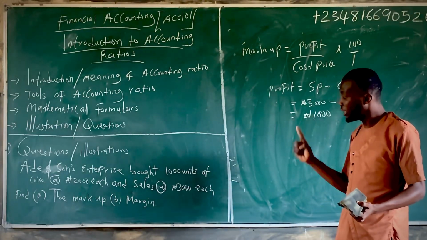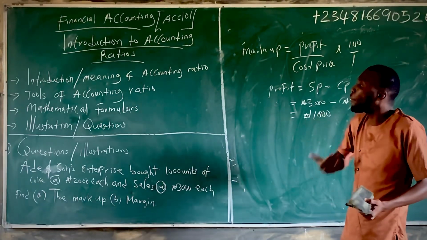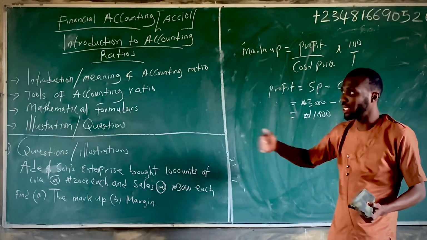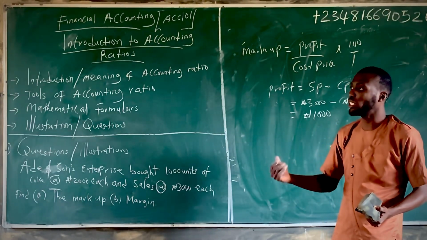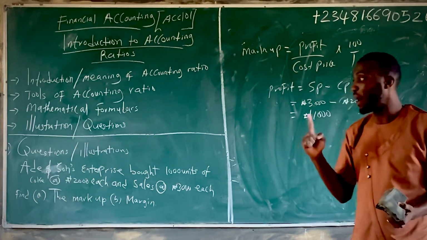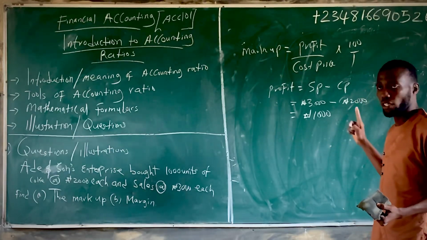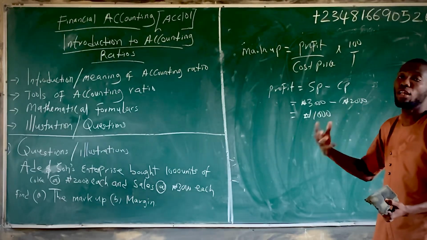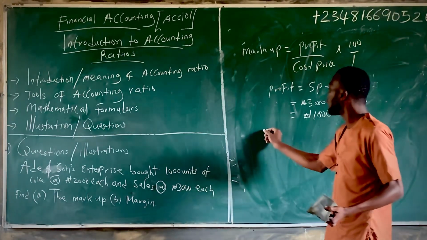Now we need to know the total profit on 1,000 units, because they said they bought 1,000 units, and each unit of coke gives 1,000 naira profit. So we need to know the total amount of profit made. How do we do that?